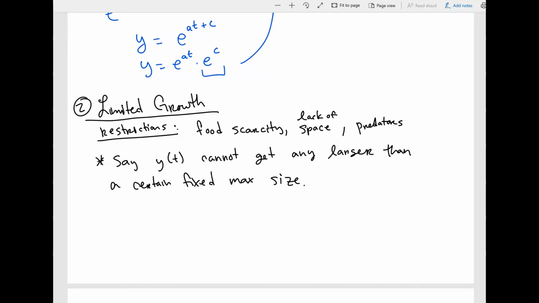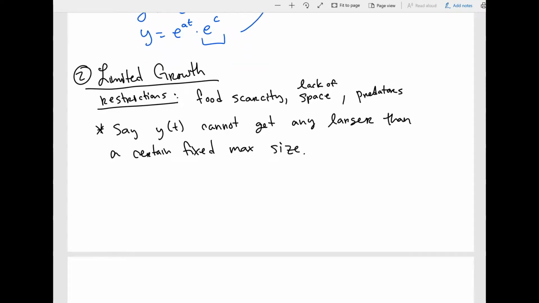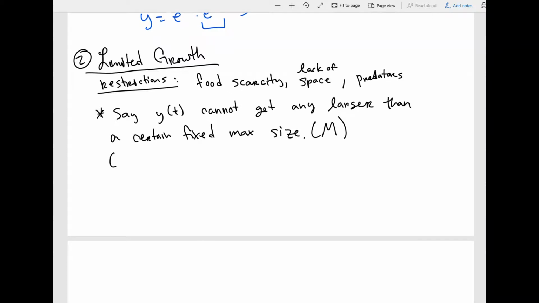Okay, so there is a maximum, there's a ceiling. You cannot exceed this, and we're going to call that m. So a way that you can think about this is that this particular y of t is proportional to the max size m minus the present size.